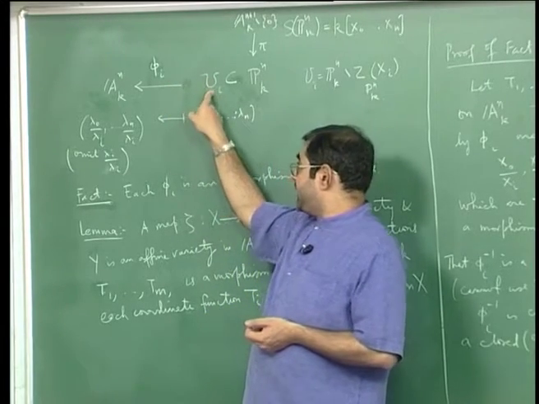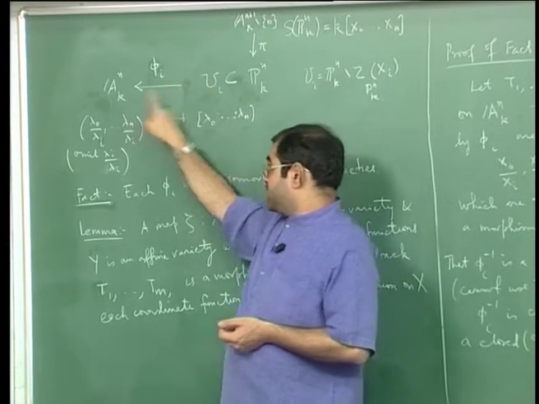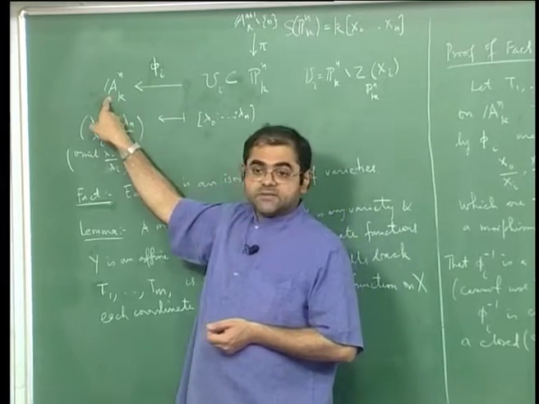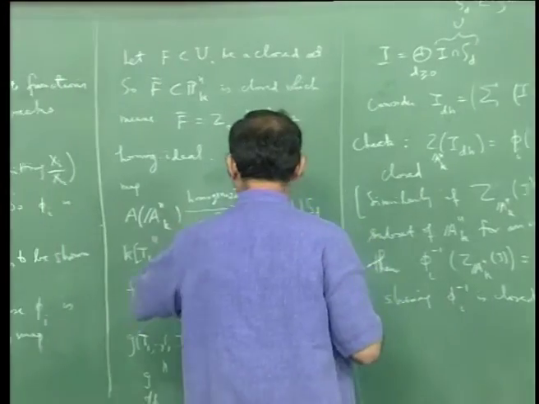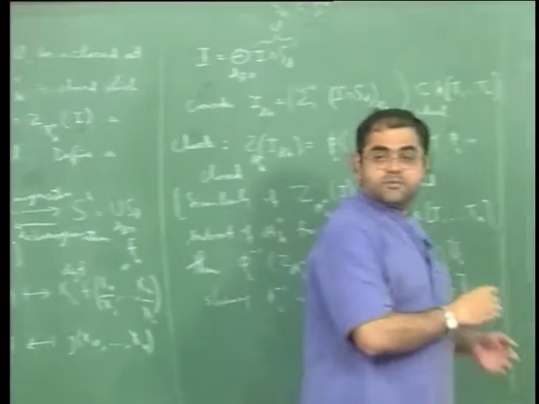So I should take a regular function here, compose it with this map and show that the resulting function here is regular. So that's also easily written in terms of the dehomogenization map.